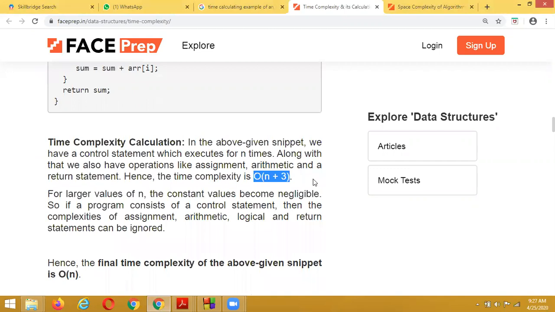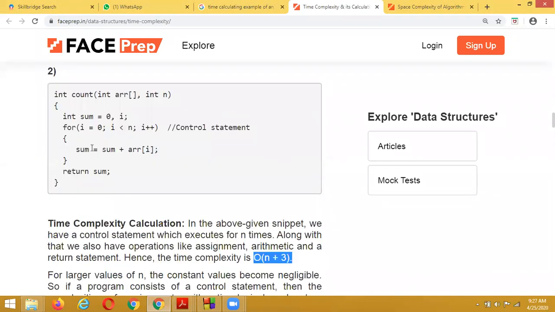That's why we indicate the time complexity for this code as O of n plus 3. Why O of n plus 3? Because inside this statement some operators are involved: assignment, plus, and return.